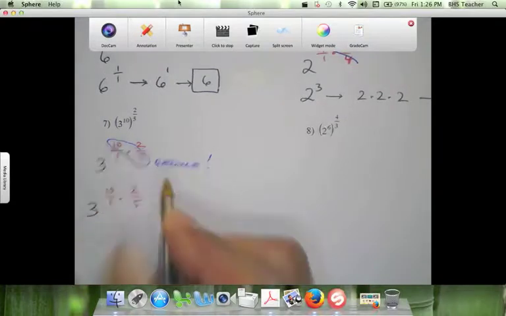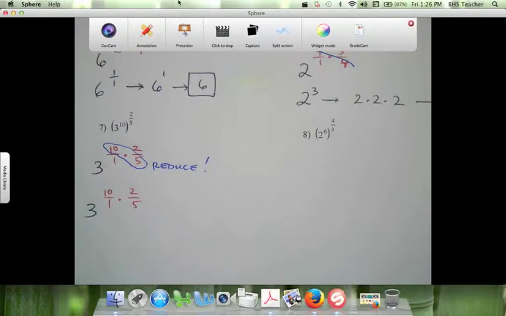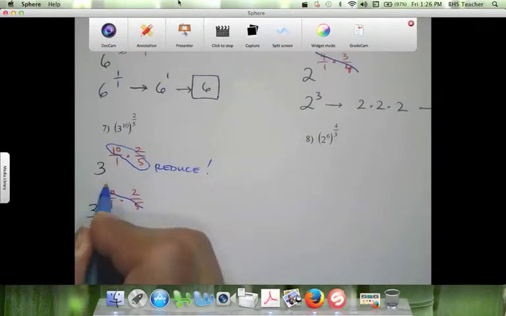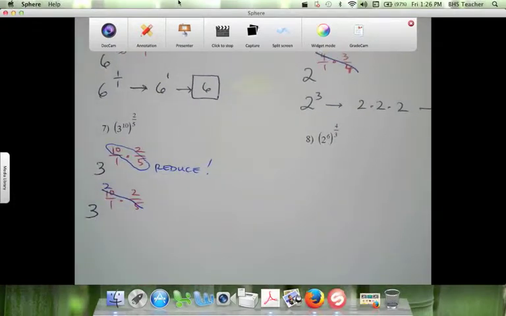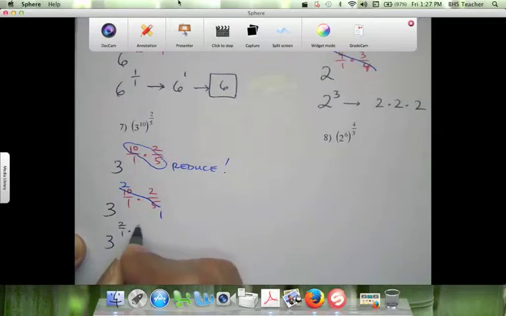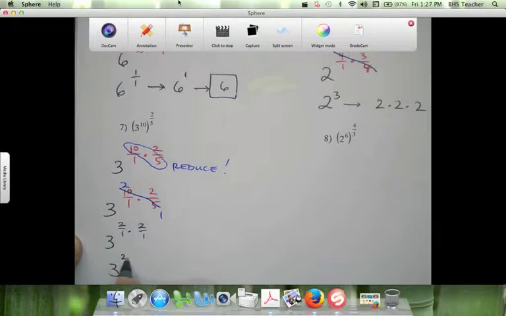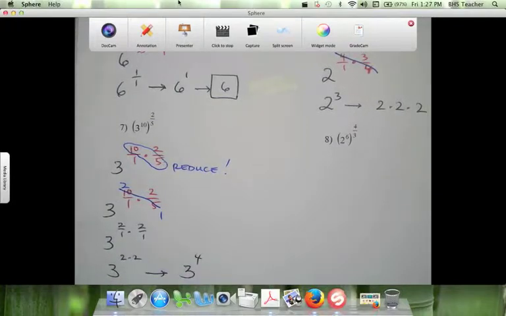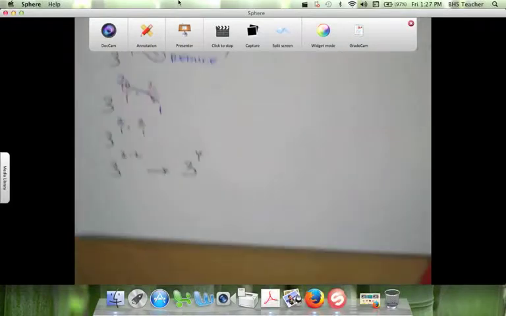Well, 10 divided by 5 is 2. You're left with 2 over 1 times 2 over 1 again. That's the same as 2 times 2. Your answer is 3 to the power of 4. Actually, that's not your answer, but you get 3 to the power of 4.